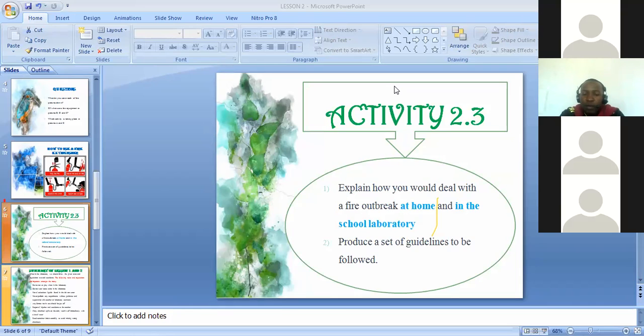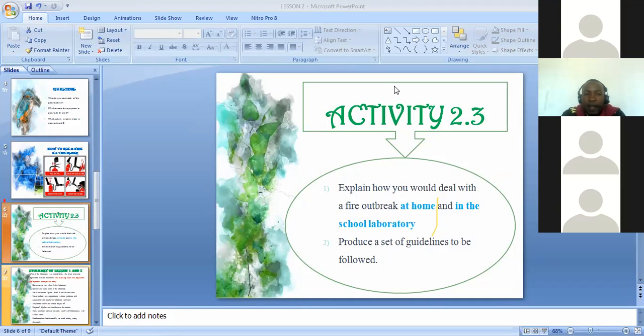Maybe I will put on a fire resistant fabric or cloth. I pick my fire extinguisher, pull out the pin, direct the nozzle to the base of the flame, then squeeze the lever to allow release of carbon dioxide to the base of the flame.